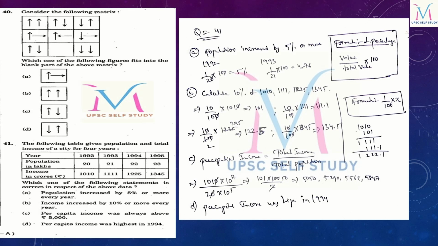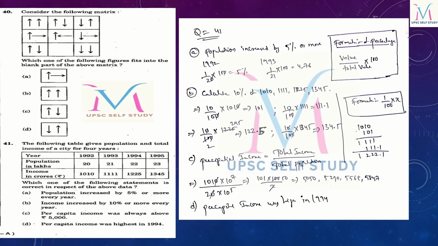To find the percentage, the formula is value by total value into 100. Under 1992, I have written 1 by 20 into 100. This value is for 1 year's population, so we write 1, and the total value is 20, into 100. If we calculate, we get 5%.